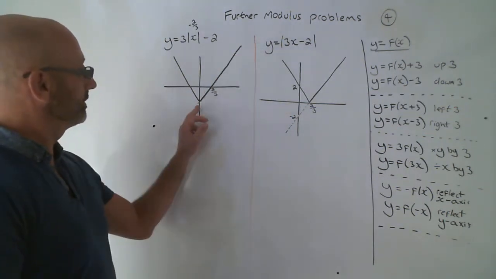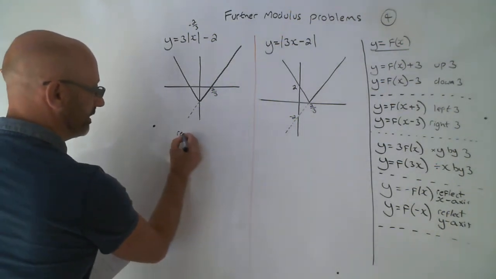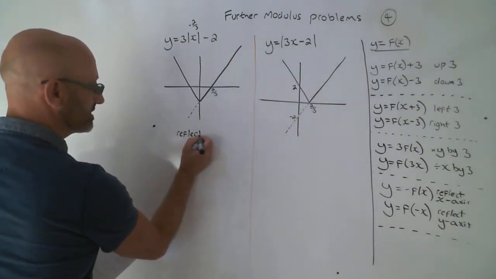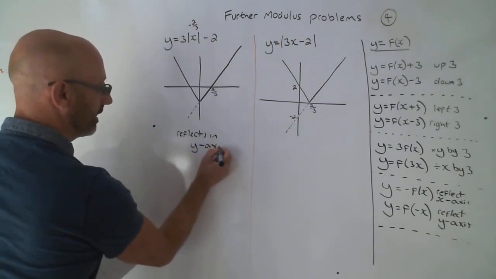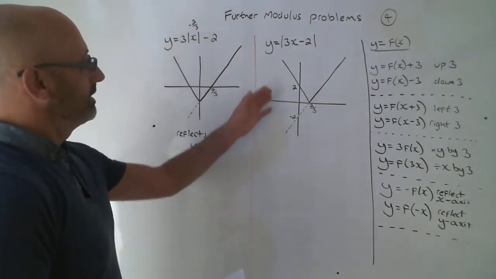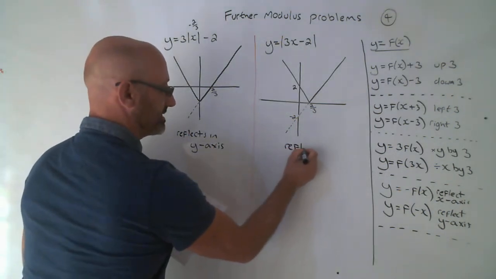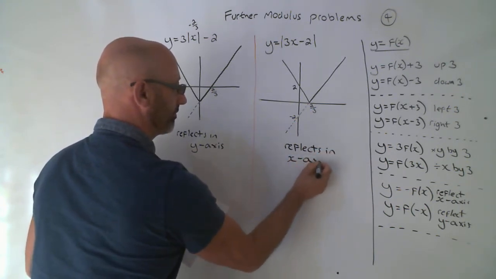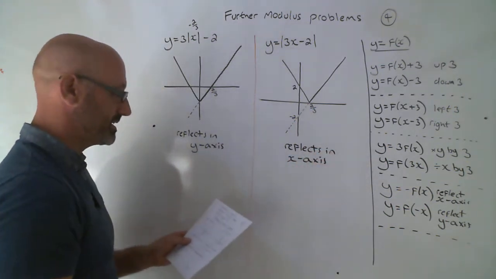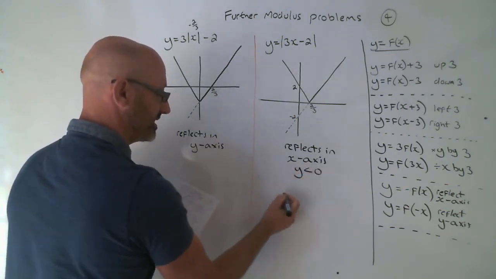Okay. I think you need to make a note of that. So this one here reflects in the y-axis, and this one here reflects in the x-axis, where y is less than 0.